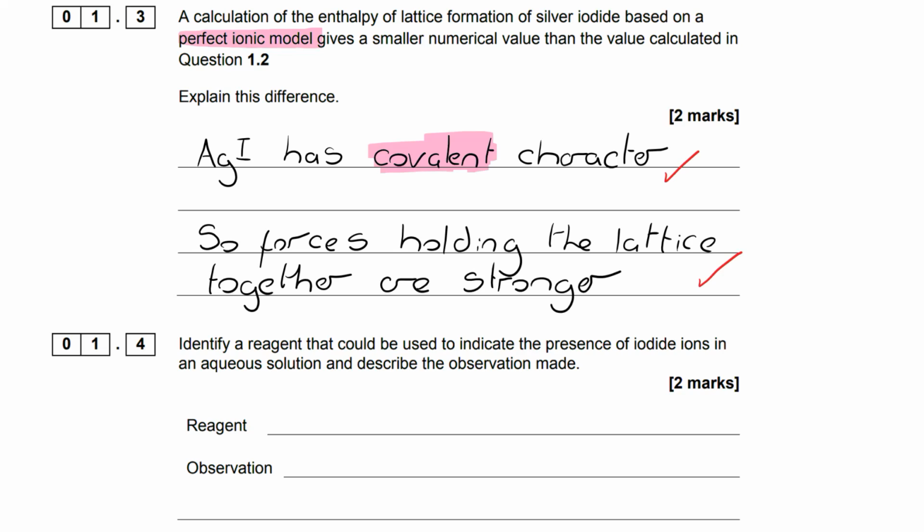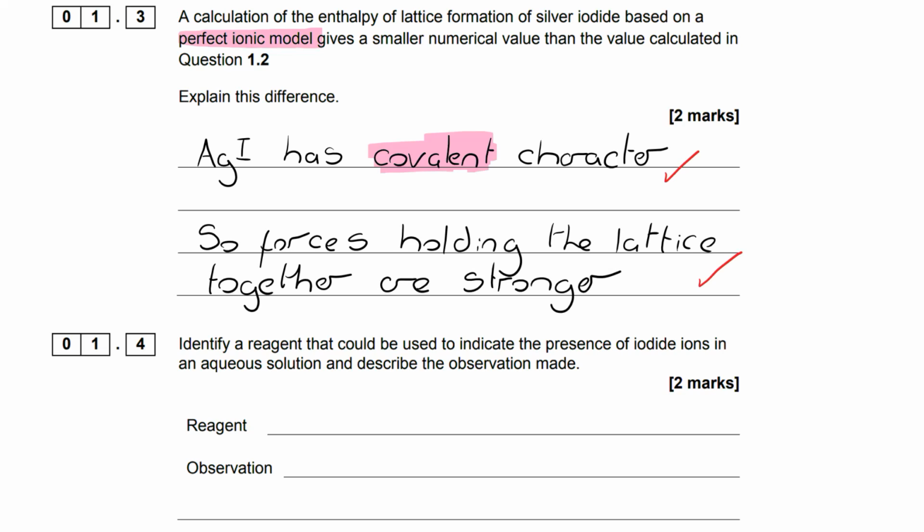So the fact that this value is smaller tells us that silver iodide has got covalent character, and actually you can link that to the size of the I- ion. It's very big, so the cloud can be distorted. So 1 mark for the silver iodide having covalent character, and 1 mark for then linking that to the idea that the forces holding the lattice together are therefore stronger.